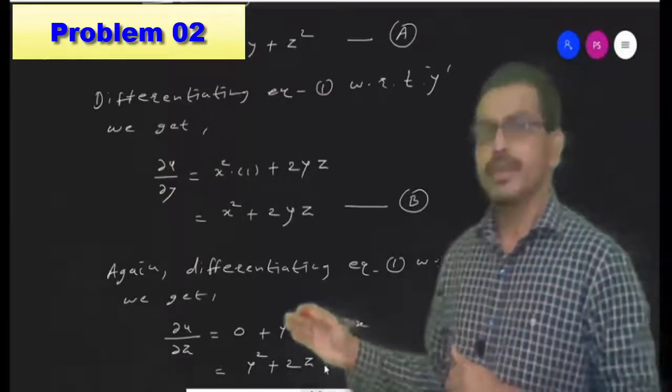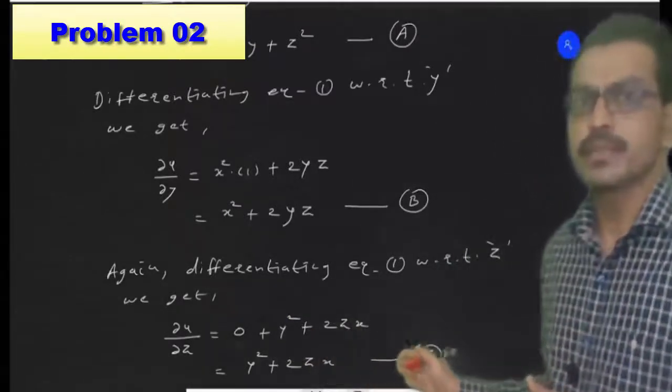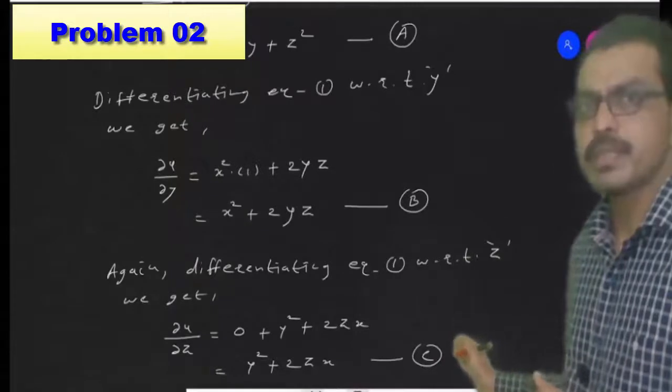Therefore, ∂u/∂z is equal to y² + 2zx. Say equation number C.